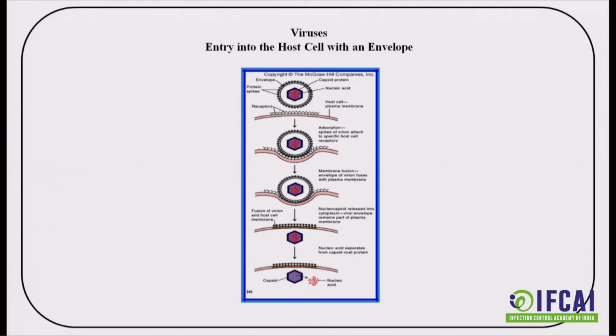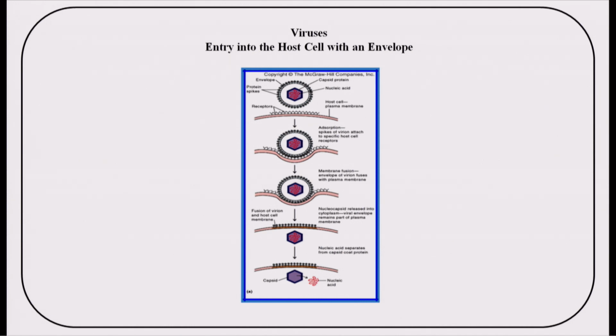Now, coming to the next slide about how the virus gets entry into the host cell with an envelope. This most of us know, whenever the viruses or bacteria come into contact with a susceptible host, they get attached to the host and secrete an enzyme.